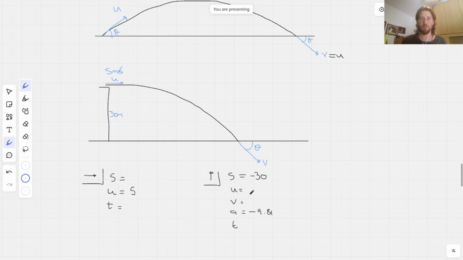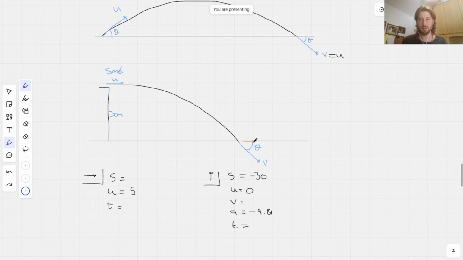What is the initial vertical component of velocity? Yes, it's 0. It's 0 because we're not moving up or down. Now, the other ones we don't really know, but what we need to find this final speed and angle is we need to find the final vertical and horizontal components.